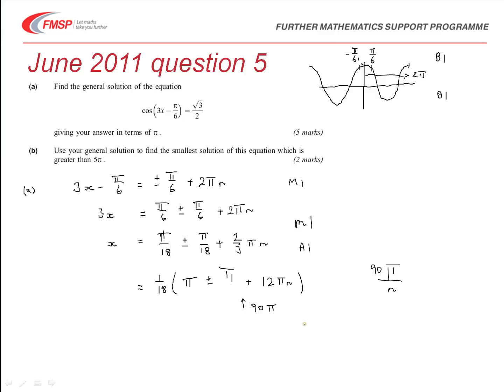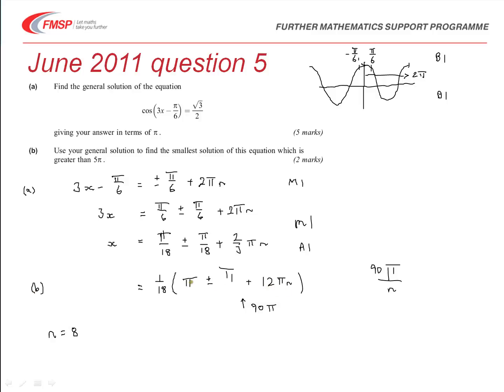So we can see that if we put n as 7, that would only give us 84 pi plus or minus a bit. So n will have to be 8 to give us the appropriate value. So if n is 8, we can see we're going to get 8 12s, 96.